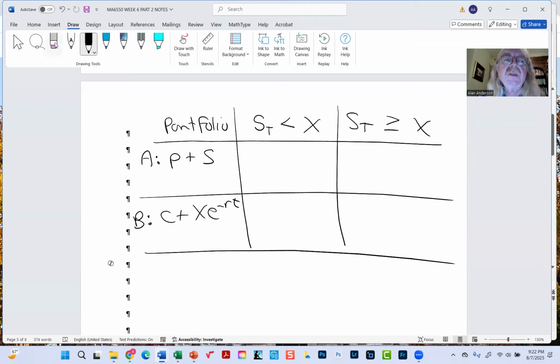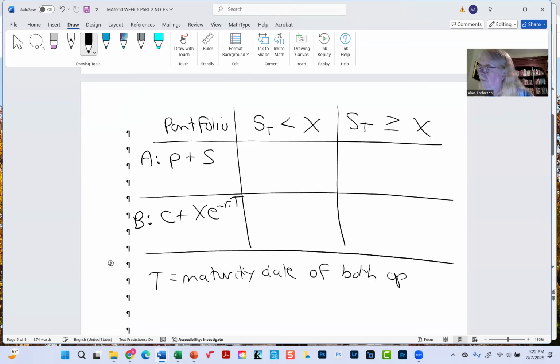Just to make it clear, I'm going to use the letter capital T to represent the maturity date of these two options. So in other words, S will represent today's stock price.